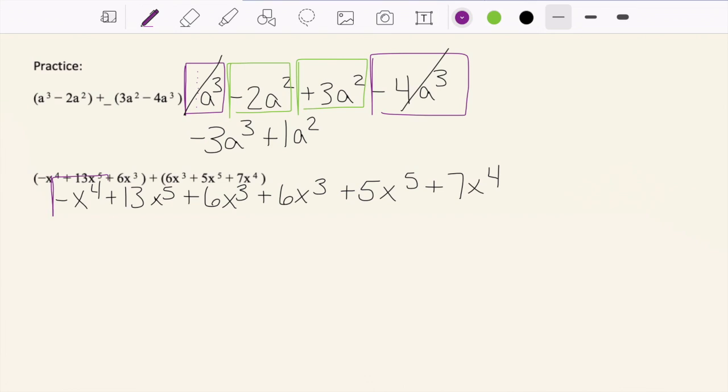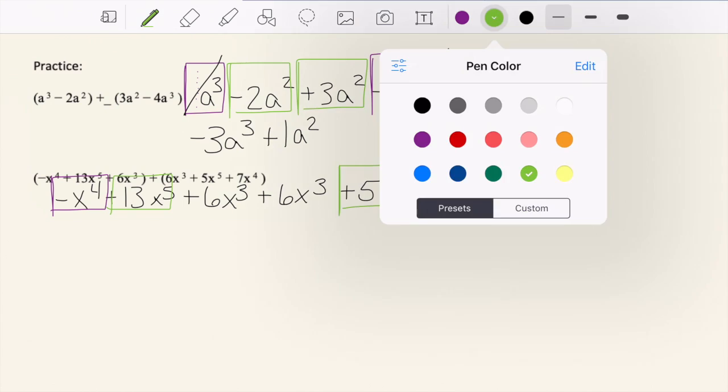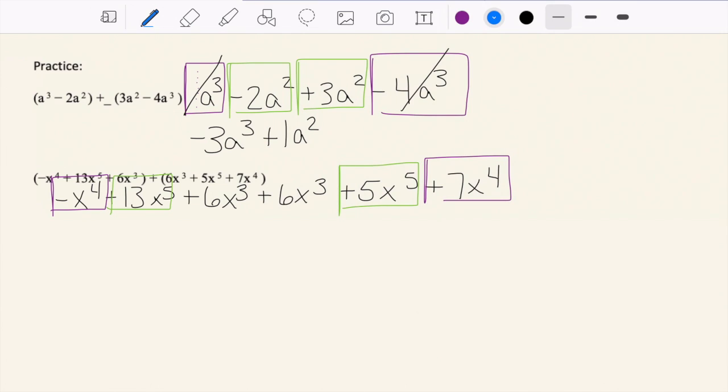So we have negative x to the fourth, and we look for the same last name. We have positive 7x to the fourth. Then we have positive 13x to the fifth, so we're looking for another x to the fifth, and we have positive 5x to the fifth. And then we have plus 6x cubed and another positive 6x cubed.